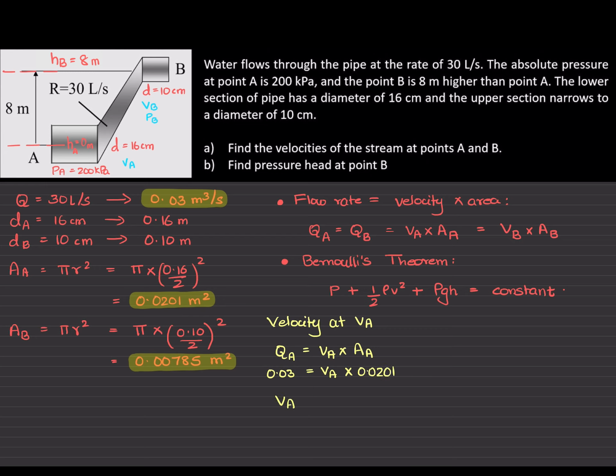So VA equals 0.03 divided by 0.0201, which gives us a velocity of 1.49 meter per second.